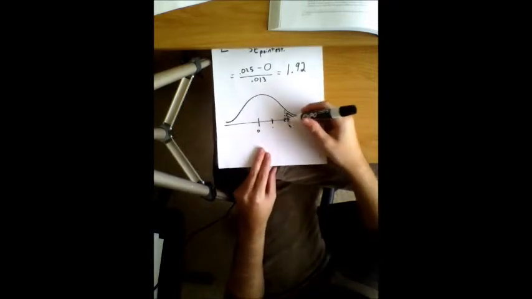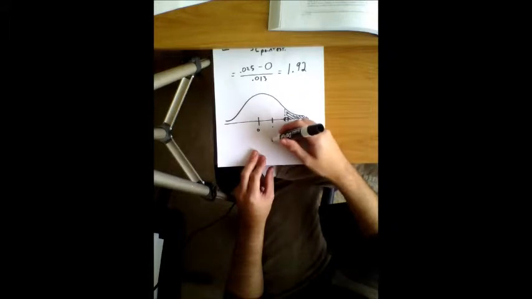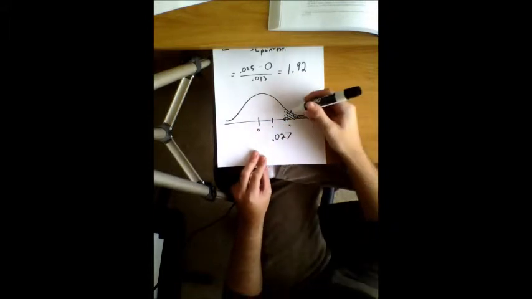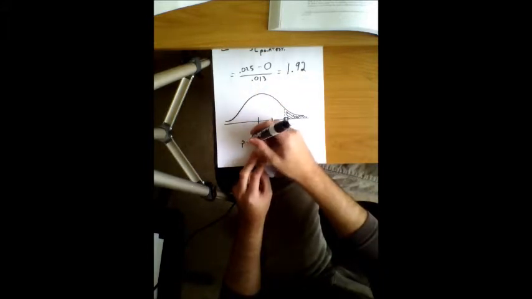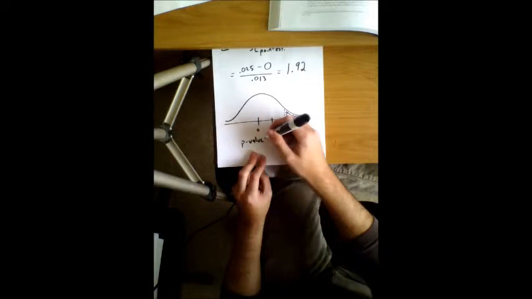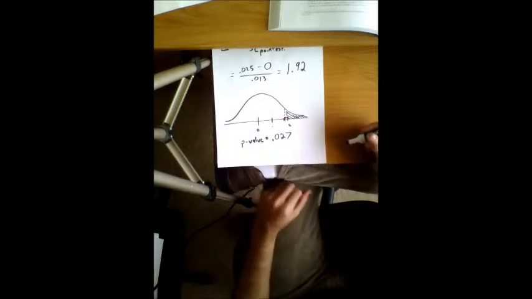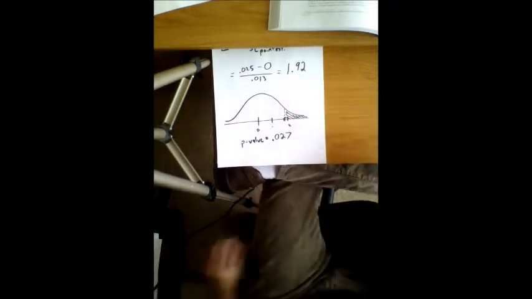So this turns out, if you do look this up, it should give you 0.027. So the p-value is this area above it. So that would be a one-sided p-value.